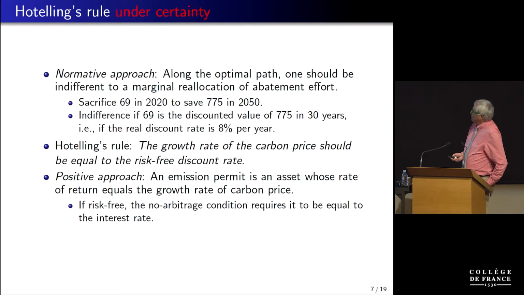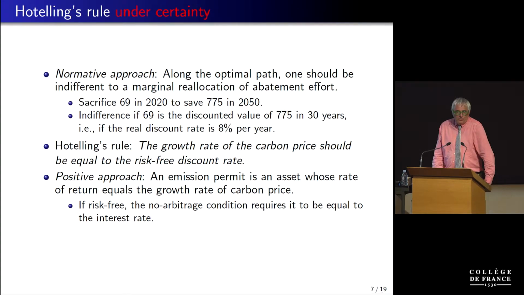So that's the issue. All those models, those from the IPCC at least, and the ones used by the Quinet 2 Commission, were all with no uncertainty. So they produce carbon prices that are basically riskless.